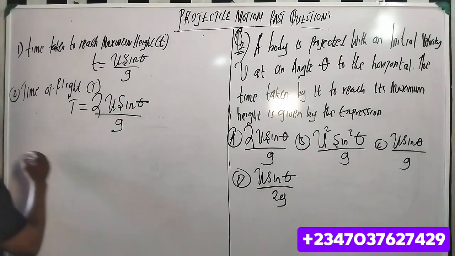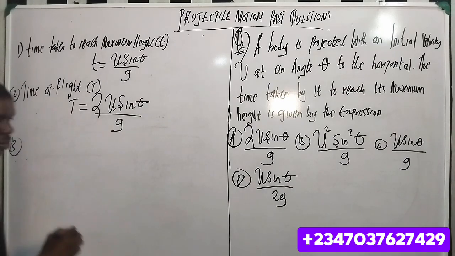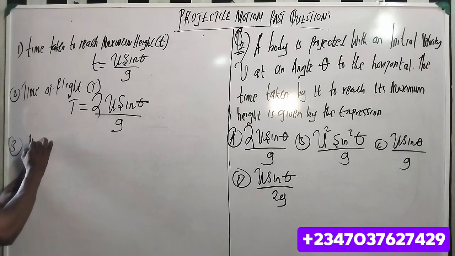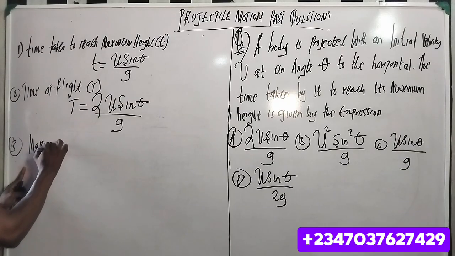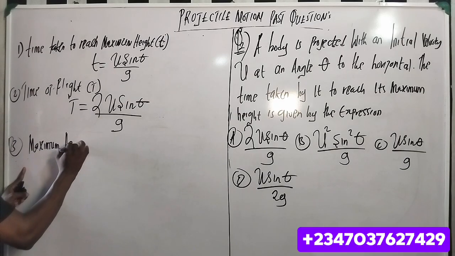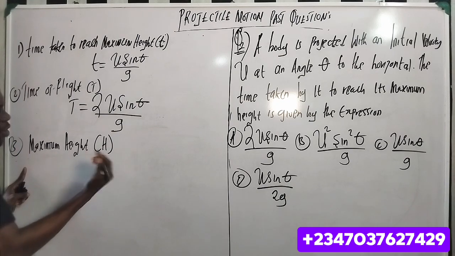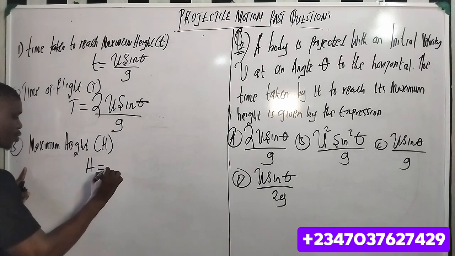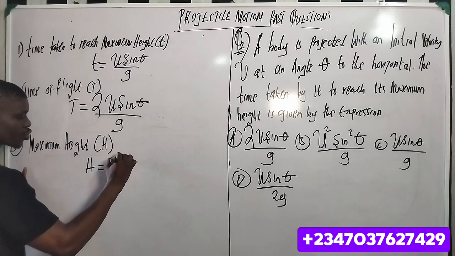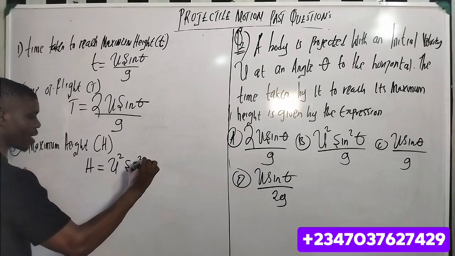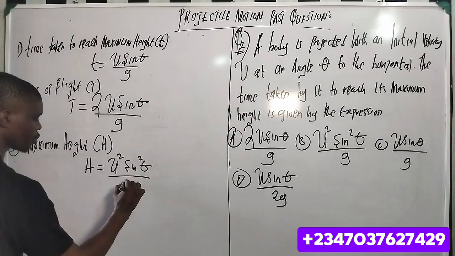Number 3 is called maximum height, capital letter H. Maximum height H equals u squared sine squared theta over 2g.